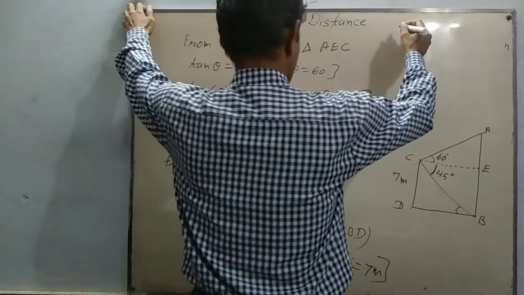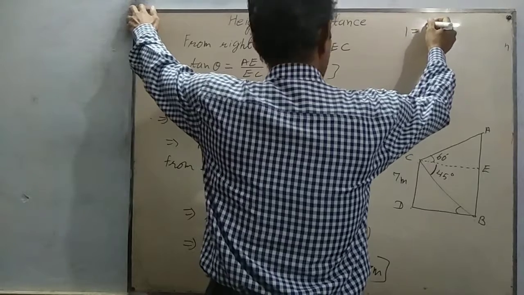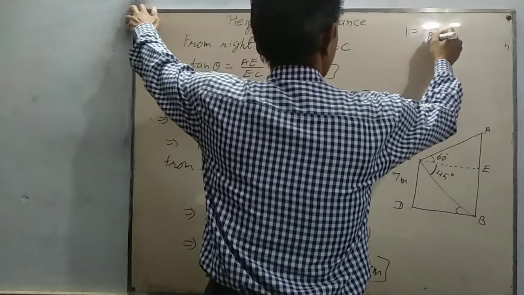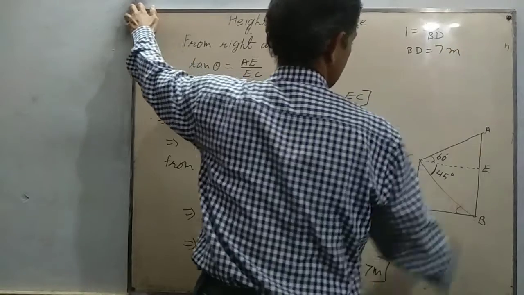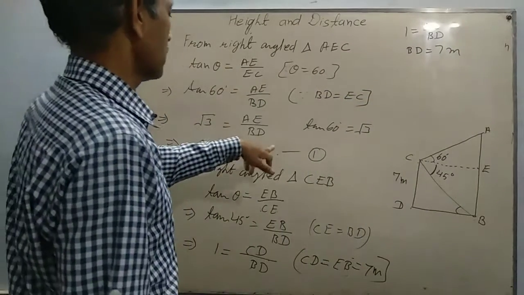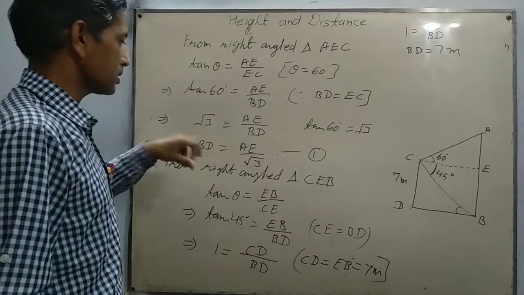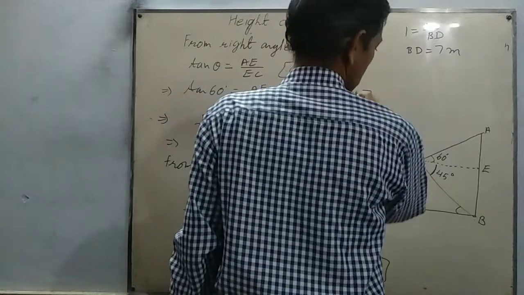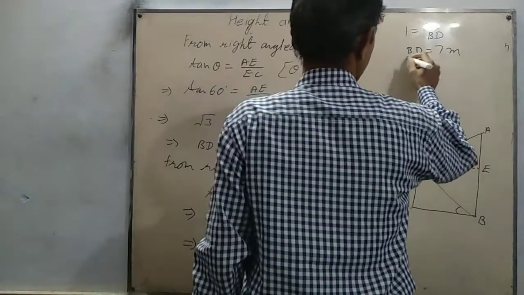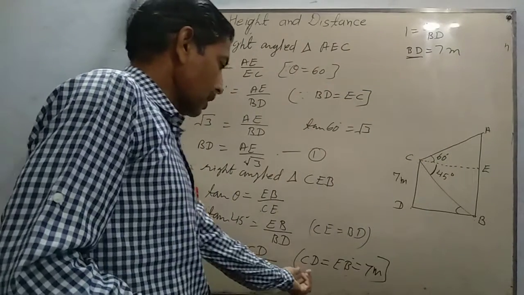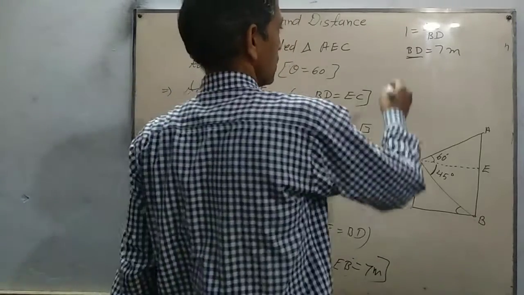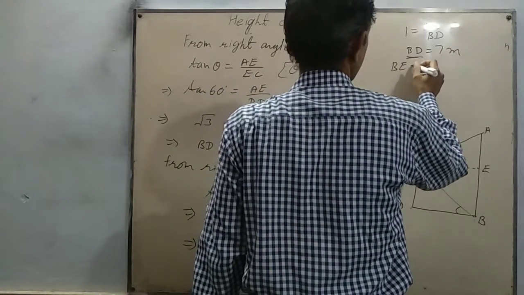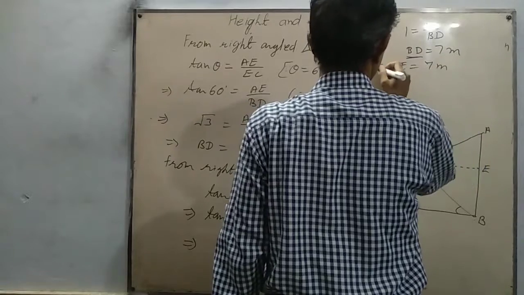So 1 is equal to 7 upon BD. BD is equal to 7 meter. So BD and BE are equal. So BE is also 7 meter.